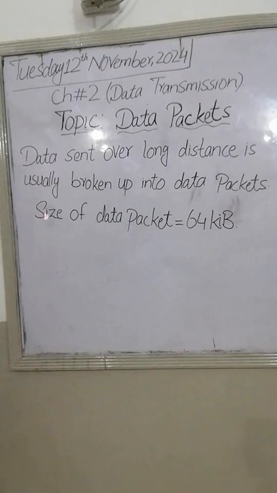That data will be divided into different packets of 64 KB, because that is the maximum size of one data packet. It depends on the message or the file which you are sending, how many packets it will be divided into.